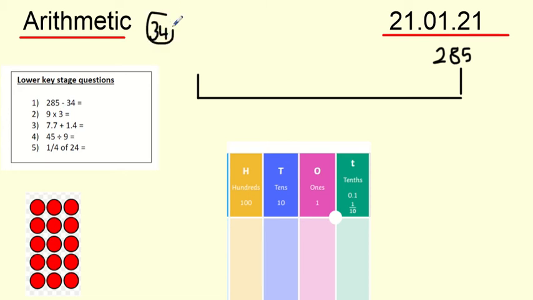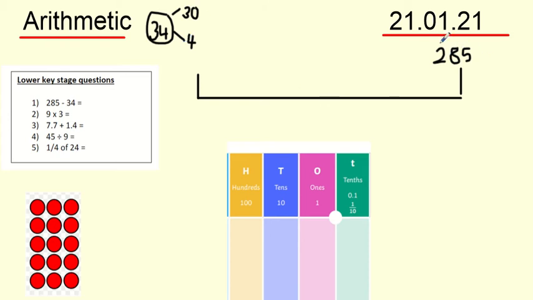And if I was to split 34 into its parts, how many tens are in this number? That's right, we've got 3 tens or 30. And how many ones? Well done everybody, we've got 4 ones. So I've split 34 into its 2 parts to help me.